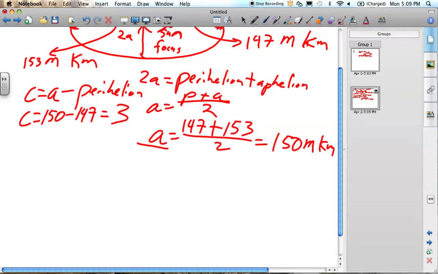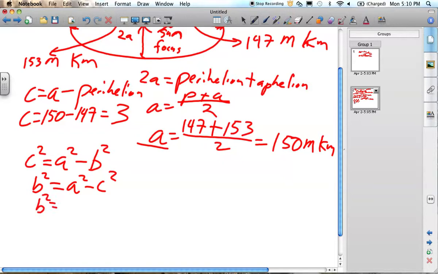What we know is that C squared equals A squared minus B squared. Last time around I moved my B over. It's going to be A squared minus C squared, and B squared is what we want. So we start plugging in.